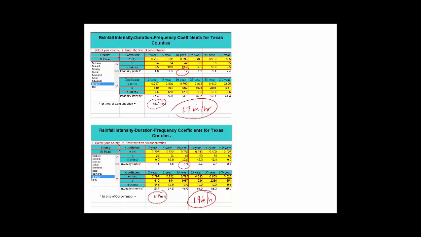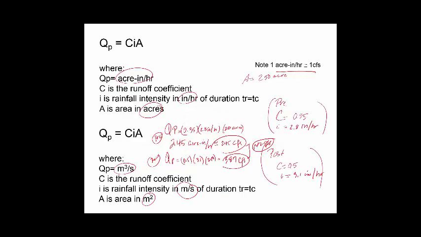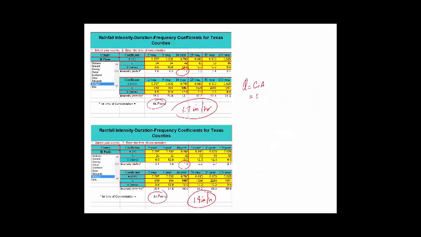Okay, so that is the difference, and so the Q equals CIA would be like before, 0.35. So now the intensity is 1.7 inches per hour. I still have the 250 acres, and the post would be CIA, and then I had 0.5, 1.9 inches per hour, and an area of 250 acres.